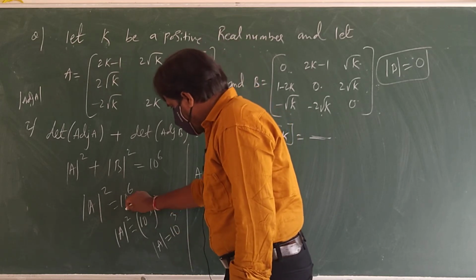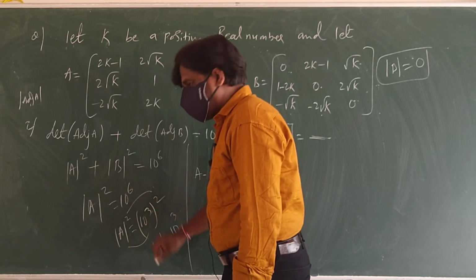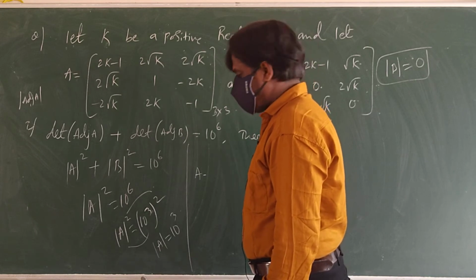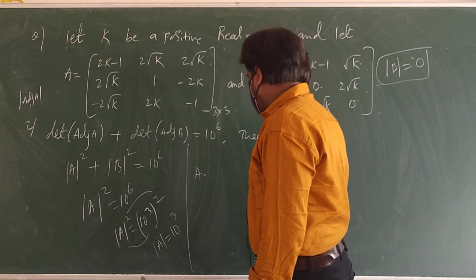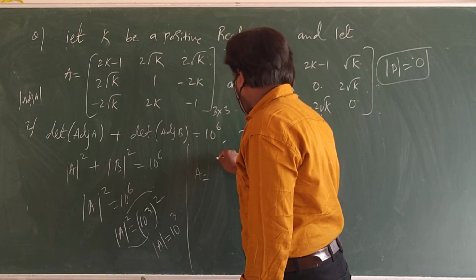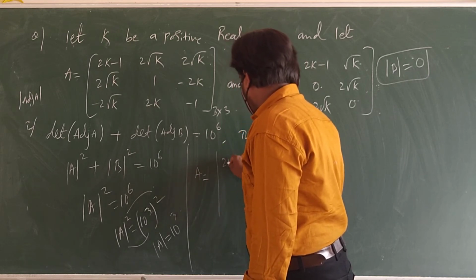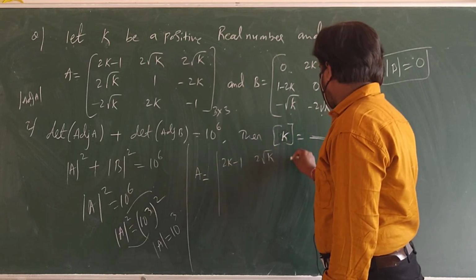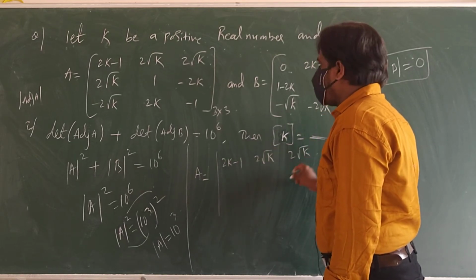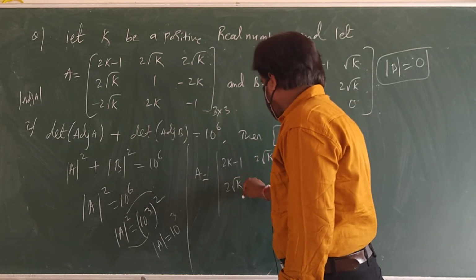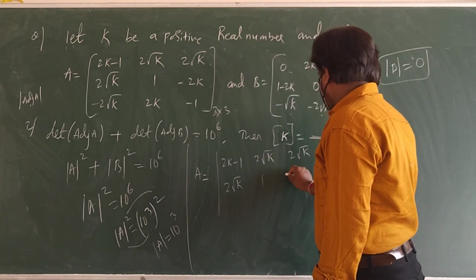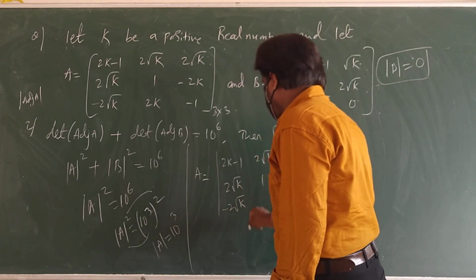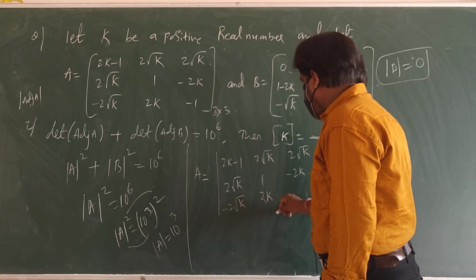Okay, cool. See, exponents are equal, then bases are equated. I did not do square root on both sides. Okay? So A is equal to what? 2k minus 1, 2 root k, 2 root k, 2 root k, 1 minus 2k, minus 2 root k, 2k minus 1.